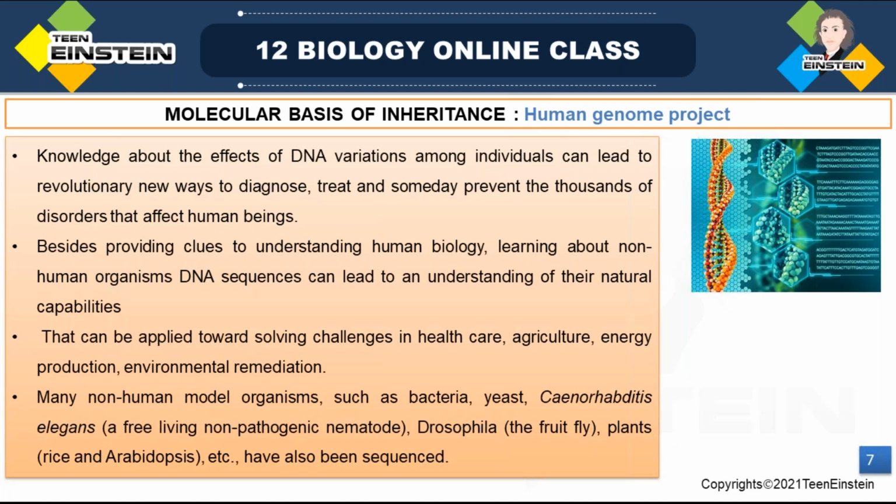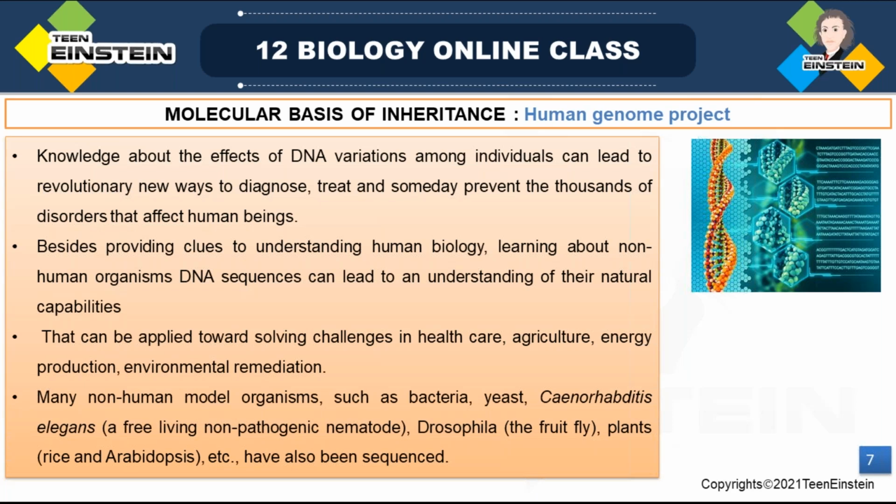They gave a resource of detailed information about the structure, organization and function of the complete set of human genes. All genes they sequenced, so they got an idea about the structure of each gene, the function of that gene, and how it is working in the human body. So they gave a complete idea after this Human Genome Project.